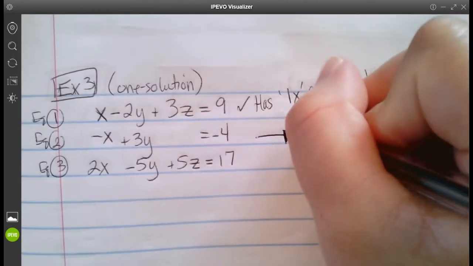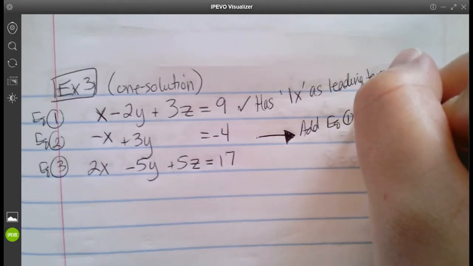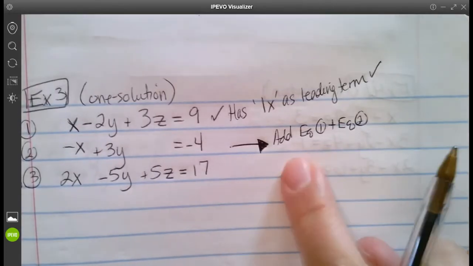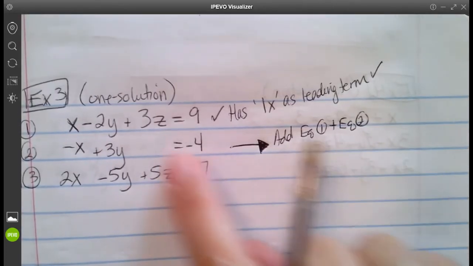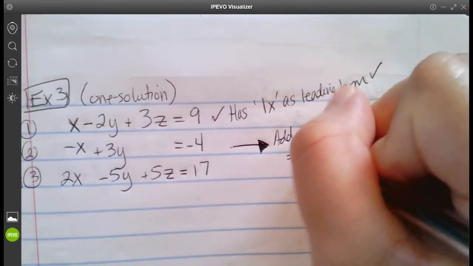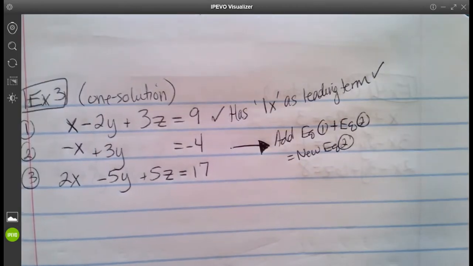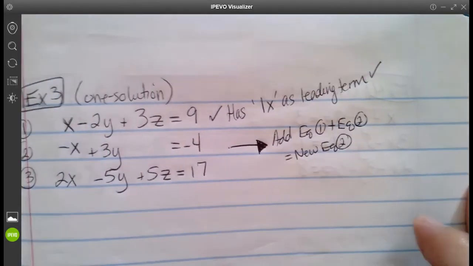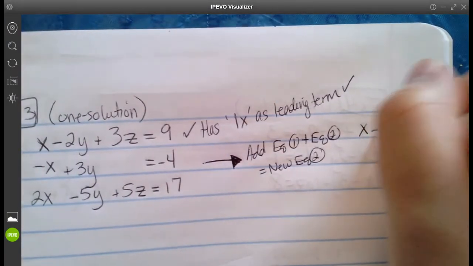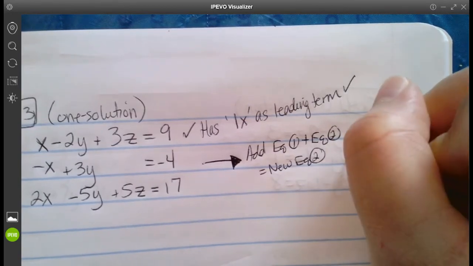So I'm going to add equation 1 plus equation 2. That's the operation that I'm going to do here. And this is going to give me a new equation 2. So I'm going to take these two and add them. x minus 2y plus 3z equals 9.